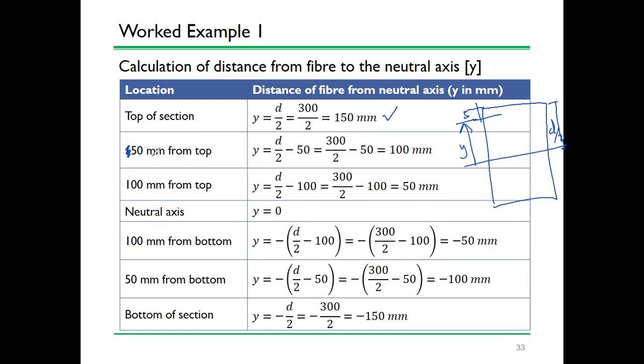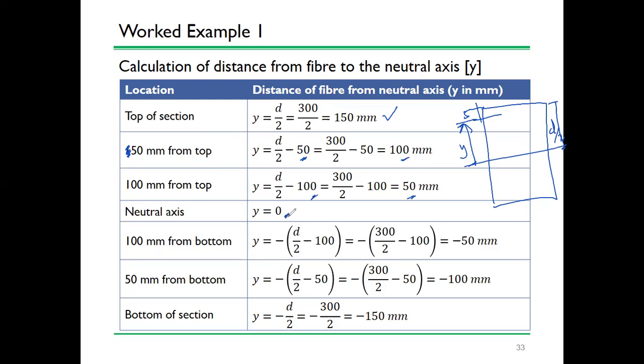And then 50 millimeters from the top. It is not from the neutral axis, so when we measure from the neutral axis to this point, it's simply d over 2 minus 50. And this gives us 100. Similarly, 100 from the top is d over 2 minus 100. This will give us 50.